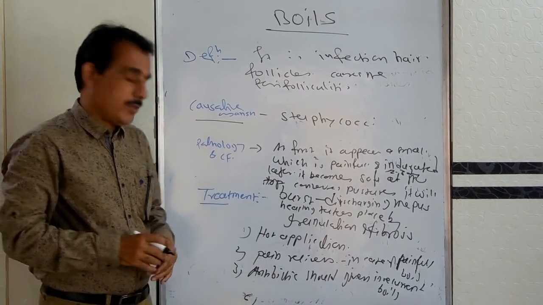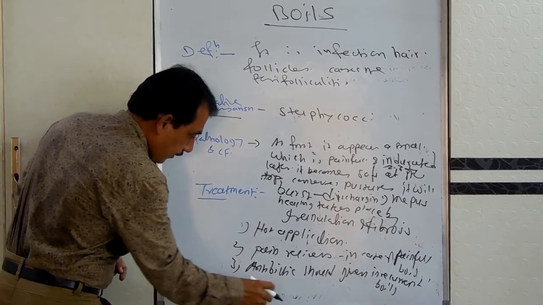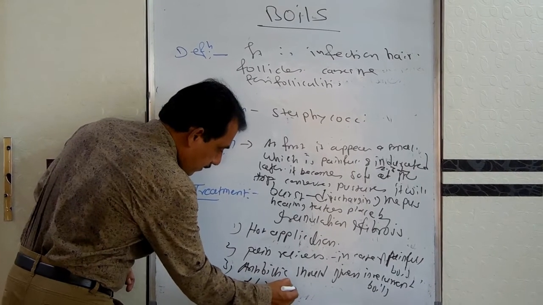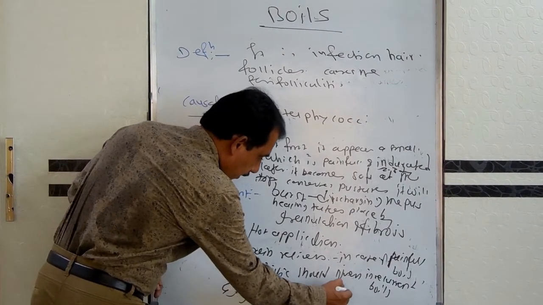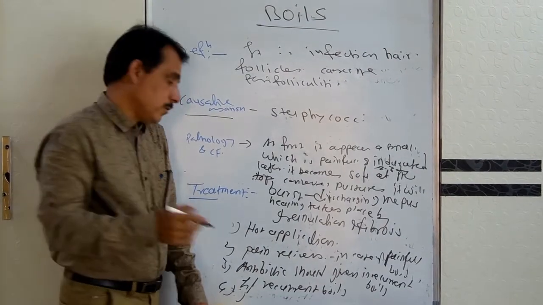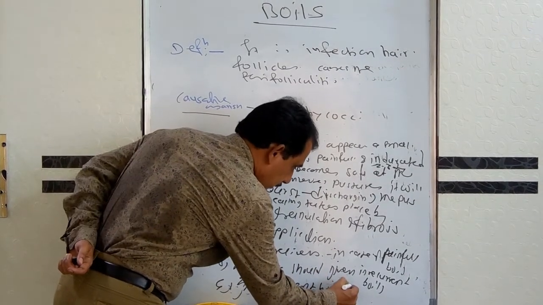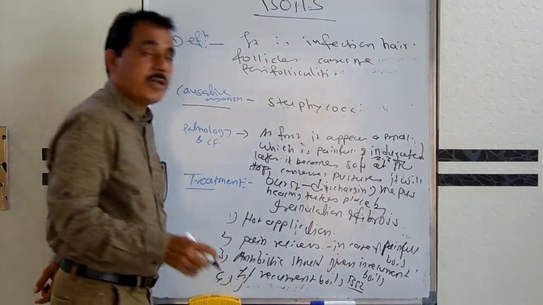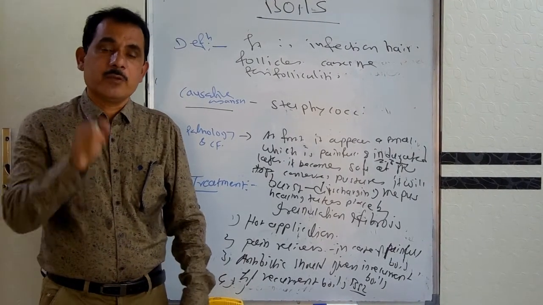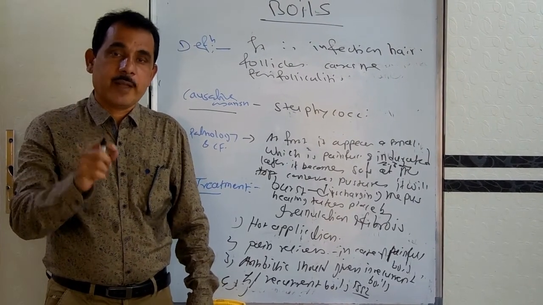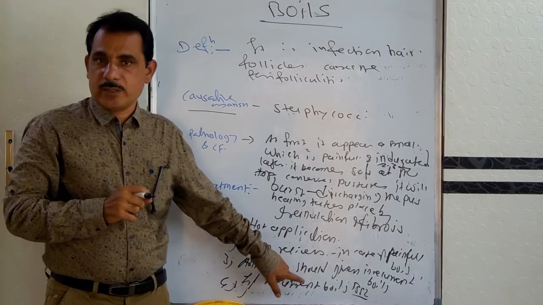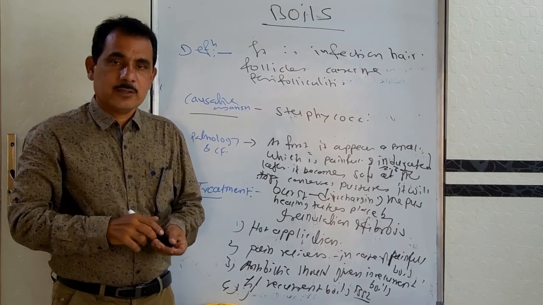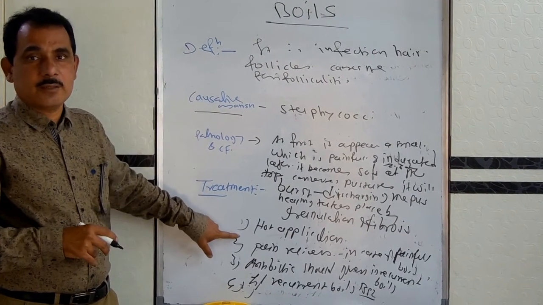If still recurrent boils, then you have to do the BSL, blood sugar level, and if the patient is found to be suffering from diabetes, you must treat the diabetes, and along with that, use antibiotics. Suitable antibiotics are broad spectrum antibiotics. So this is about boils.